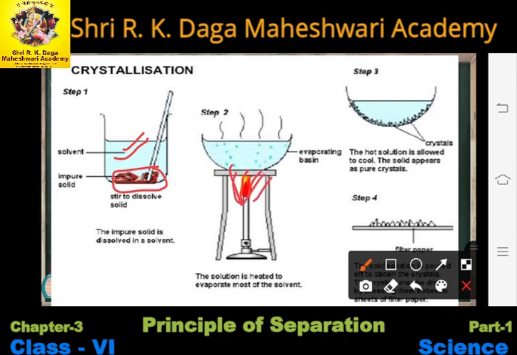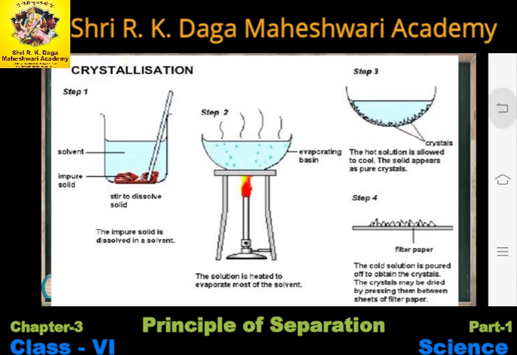The liquid part will evaporate, and when we cool down this solution, the solid part will accumulate at the bottom of the container in the form of crystals, right? So in this way we can get the crystals of pure substance from the solution, and this process is called crystallization.